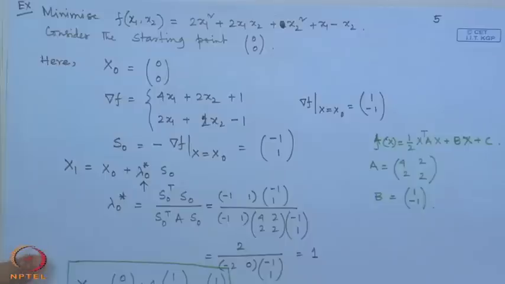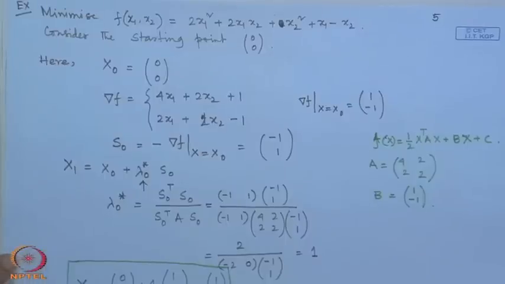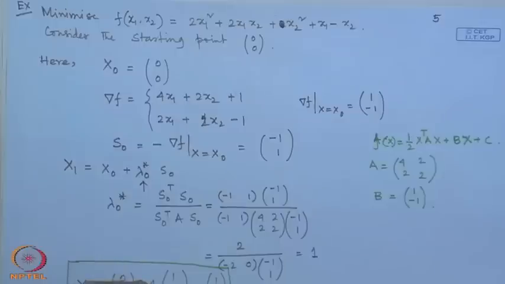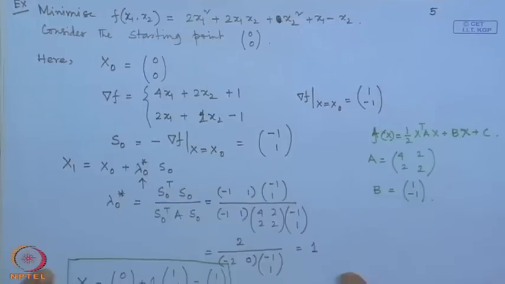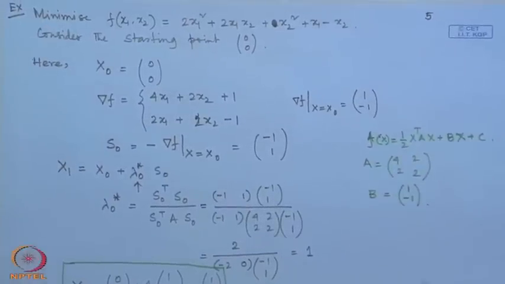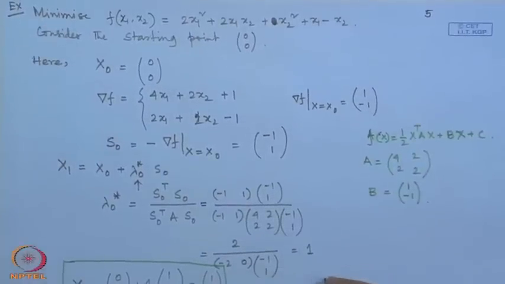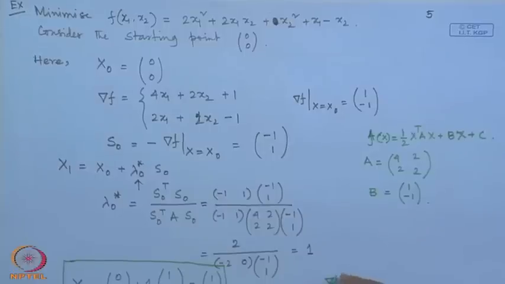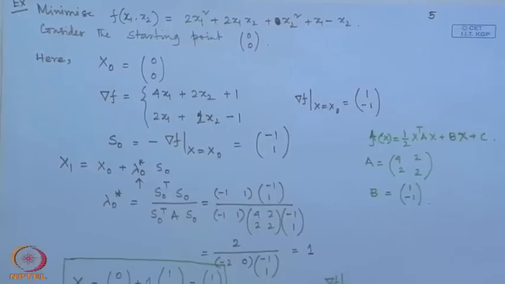I do not know how many iterations I need to reach the optimal solution. We can check whether at this point the function is optimum or not. How to check it? There are a few criteria for checking optimality, but one of the most popular is that we find the grad f value at the point x equal to x1.